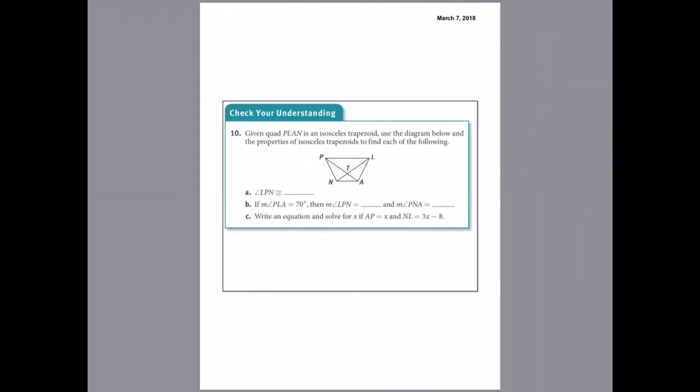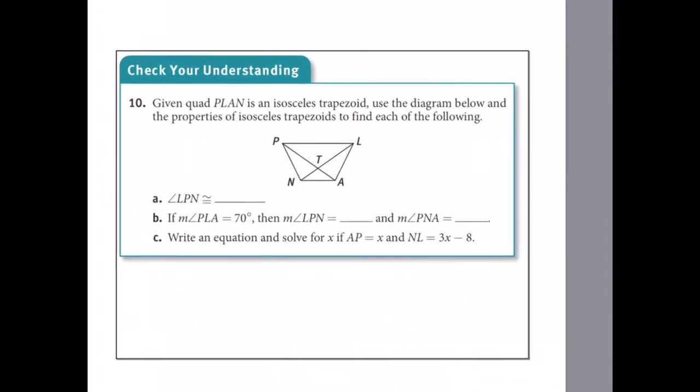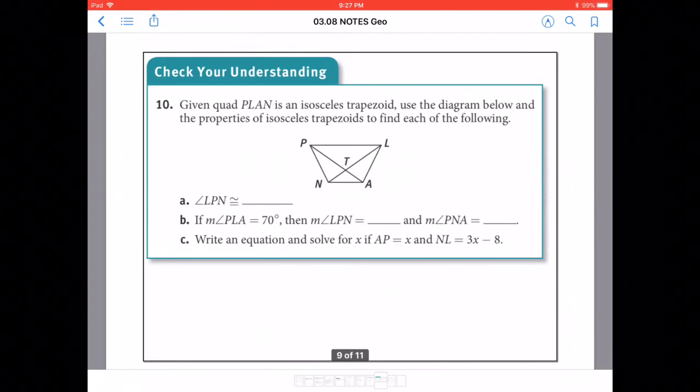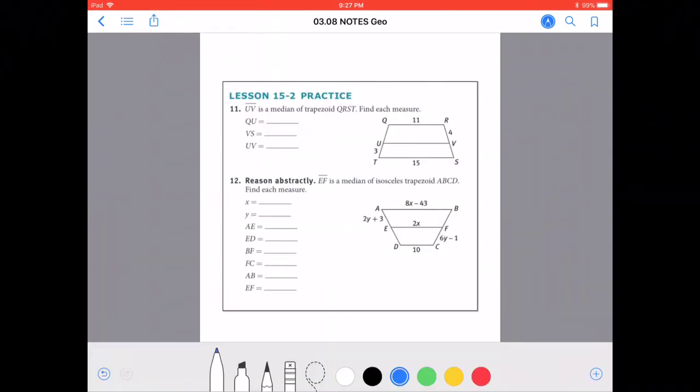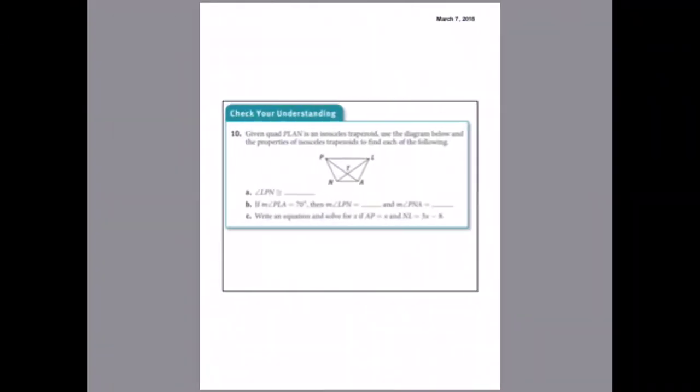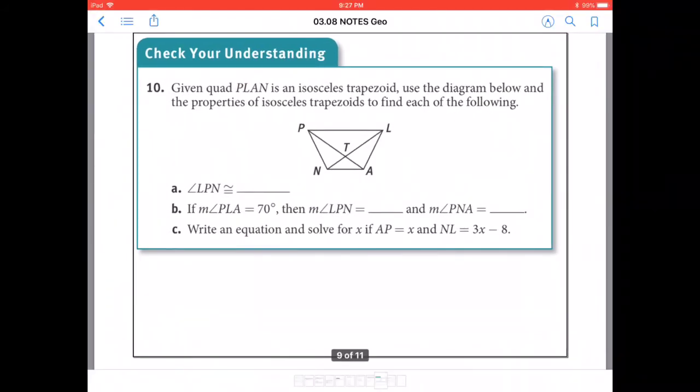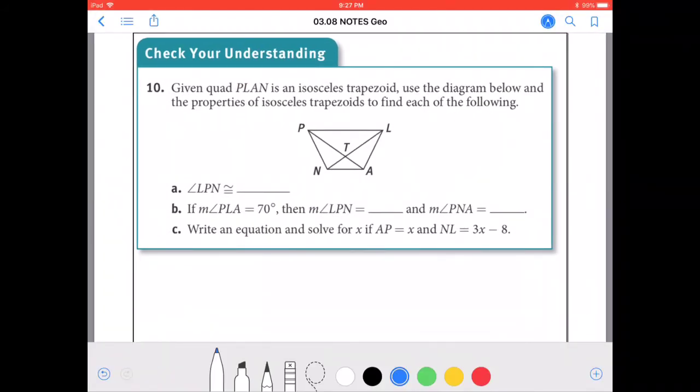So as a last little check-in for the check your understanding, we were given another quadrilateral, PLAN, and we're told that it is an isosceles trapezoid. So if we start to look at this, right, they said it was an isosceles trapezoid.